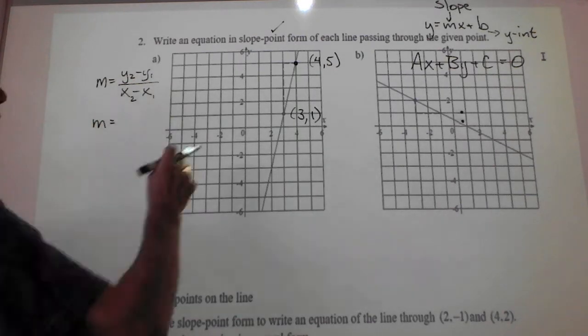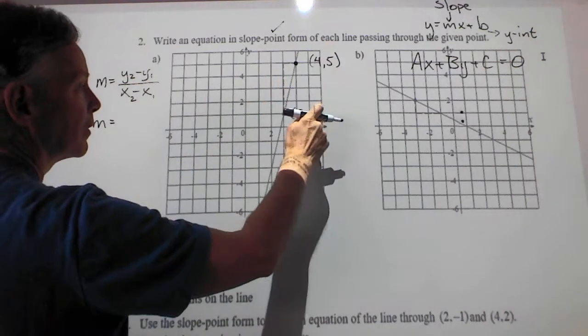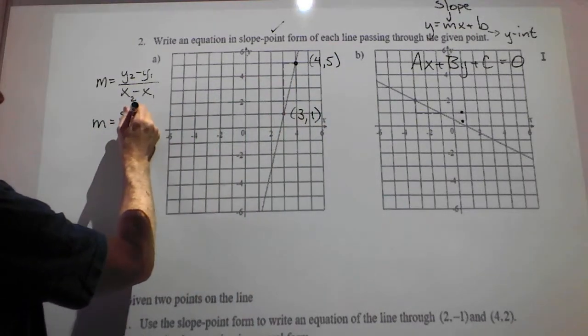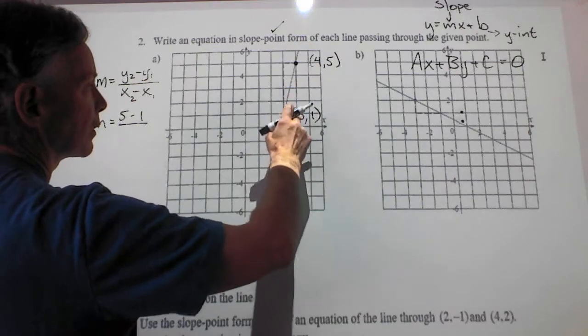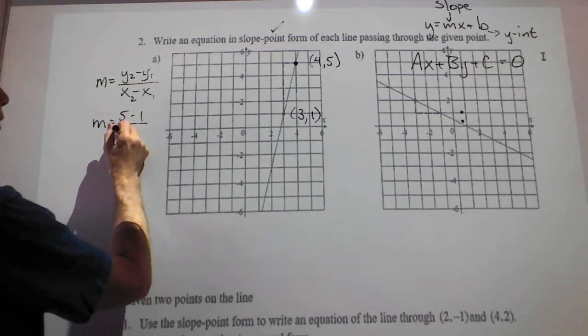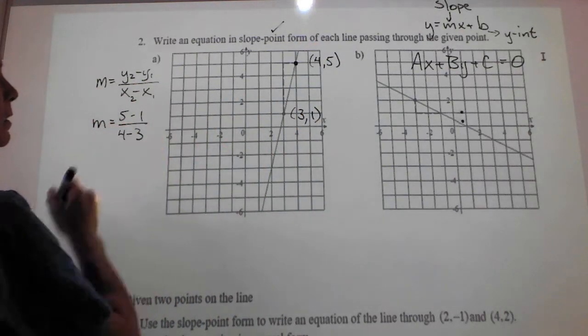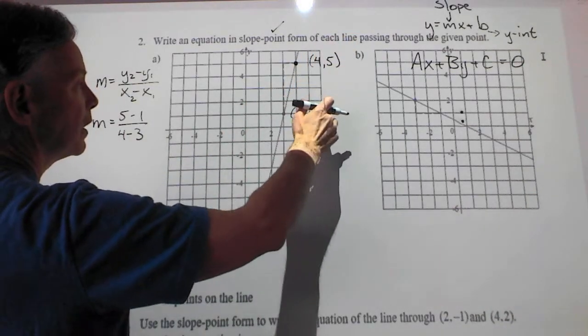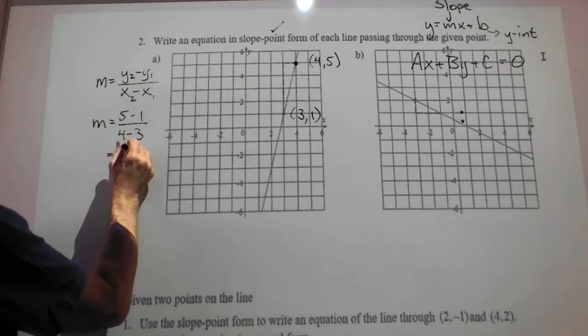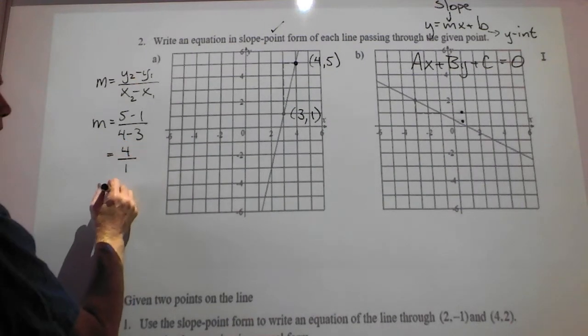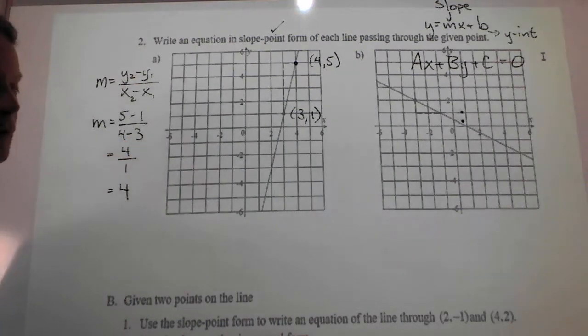Plug in your values. y2 minus y1 becomes 5 minus 1. x2 minus x1 becomes 4 minus 3. So 5 minus 1 divided by 4 minus 3 gives us 4 over 1, or simply 4.